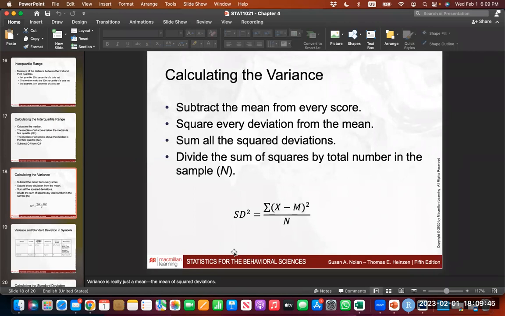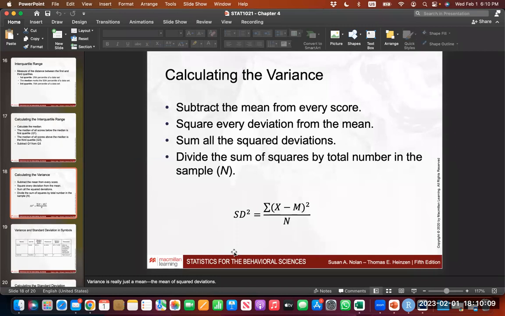That will be super important for analysis of variance, chapters 12 and 13. This sum of squares is just the numerator. Dividing the numerator by the number of observations gets you to the variance. So it's basically the average squared deviation, an average of all squared deviations.